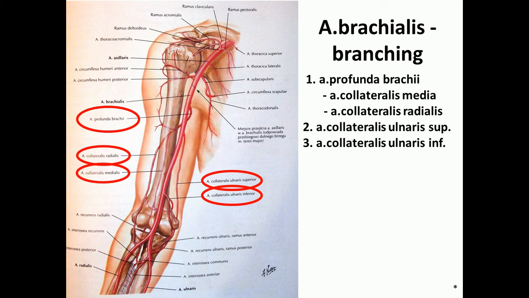So practically we can say that arteria brachialis has only 3 large branches: profunda brachii, collateralis ulnaris superior, and arteria collateralis ulnaris inferior.